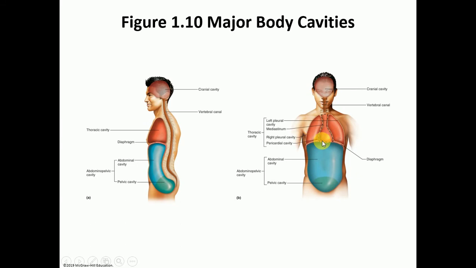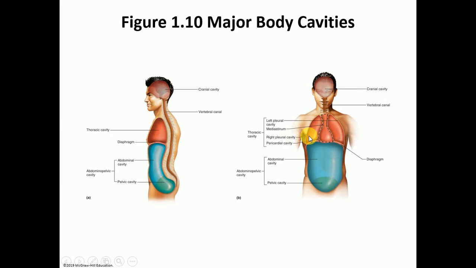And the thoracic cavity is further divided into other cavities. So you'll find where the lungs are, those are known as the pleural cavity. Okay, this one here is the right side, and this is the left side. So notice that you are looking at the patient.